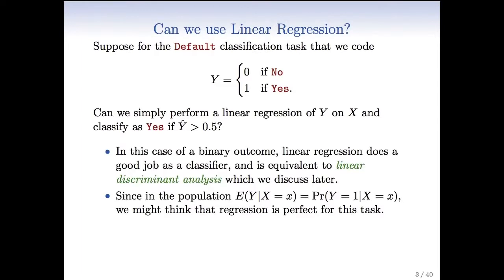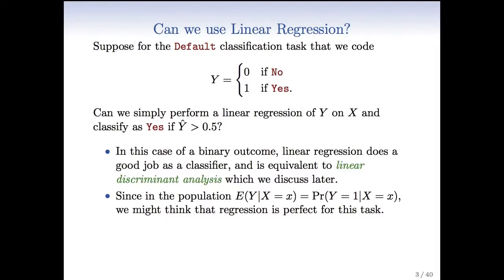Turns out that you actually can do this. For a binary outcome, linear regression does a pretty good job and is equivalent to linear discriminant analysis. And that's something we're going to discuss later. So for a two-class classification problem like this, it doesn't do a bad job at all. And there's even some theoretical justification.